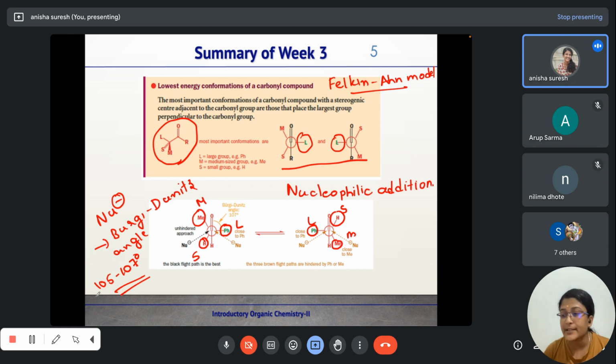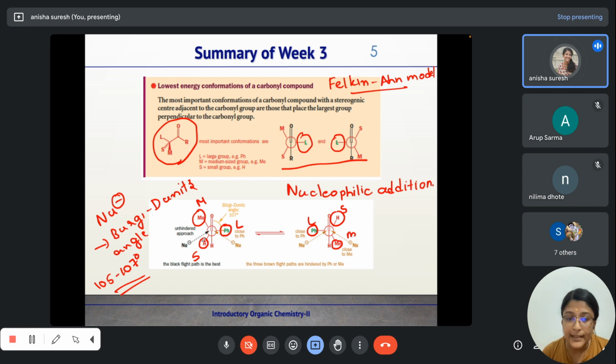In some textbooks, it is referred to as 105 degrees. So the nucleophile will approach at an angle of 105 to 107 degrees to the carbonyl group. It can approach from this side, this side and this side.